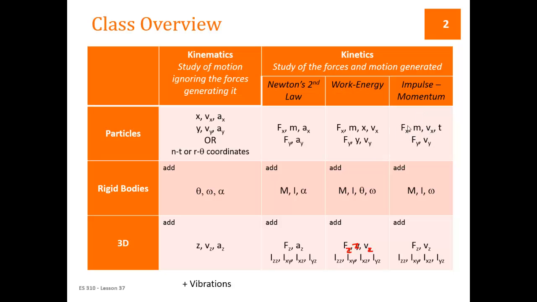So we have forces and times, masses and velocities. For rotational, we add the rotational force, which was the moment, rotational mass, which is the moment of inertia, and rotational velocities. And in 3D, we add the z dimension and all of the various I's.